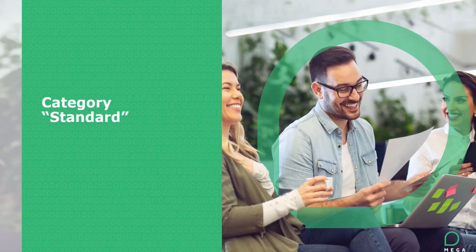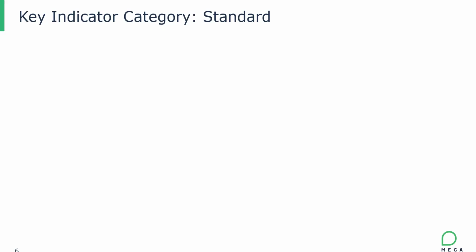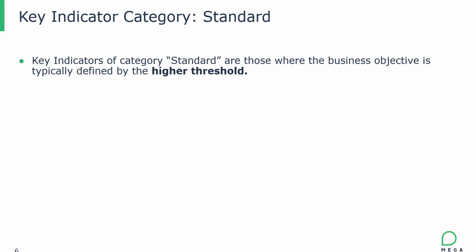Let's now take a look at the different indicator categories and how the associated macro computes the key indicator status. Key indicators of category standard are indicators where the business objective is typically identified by the higher threshold.